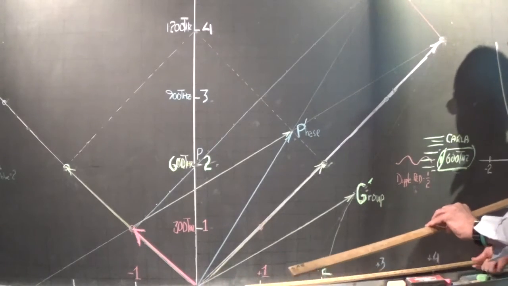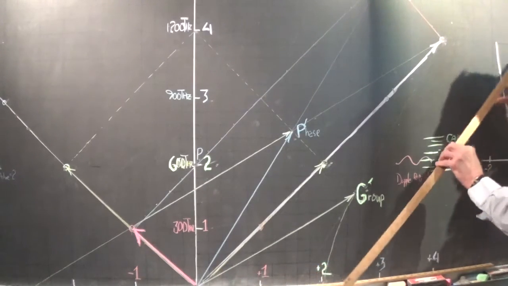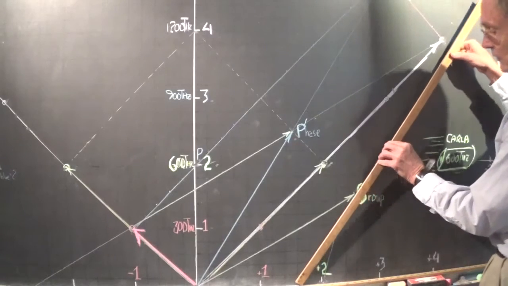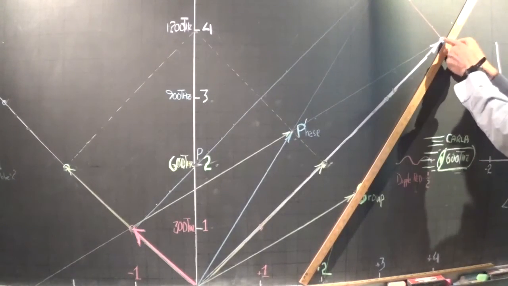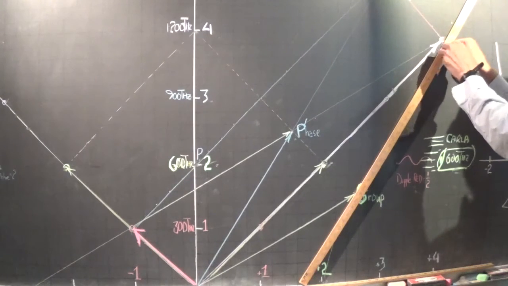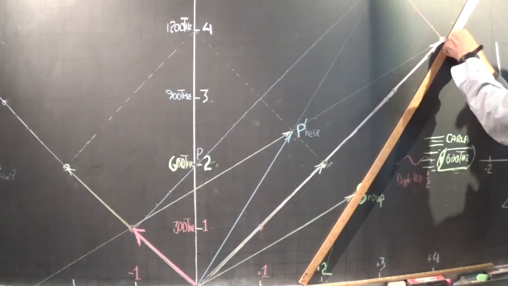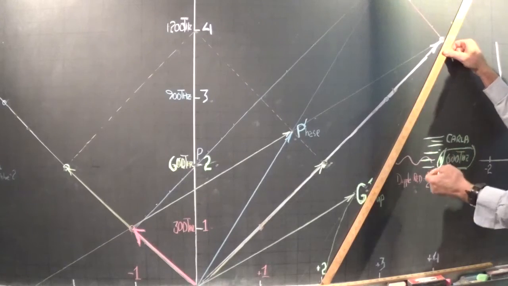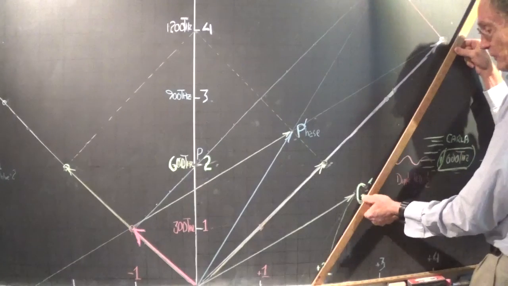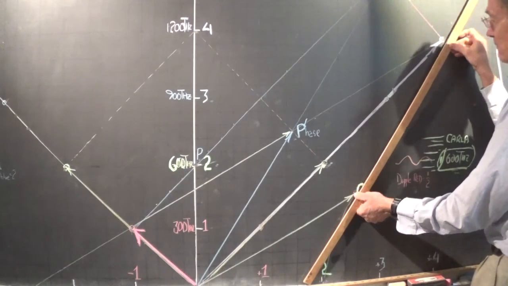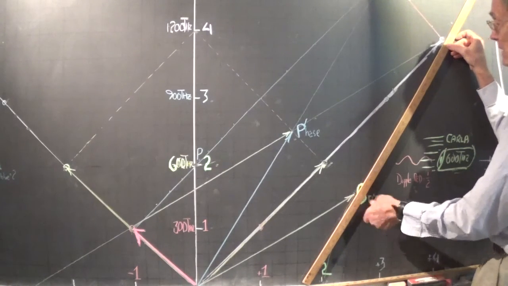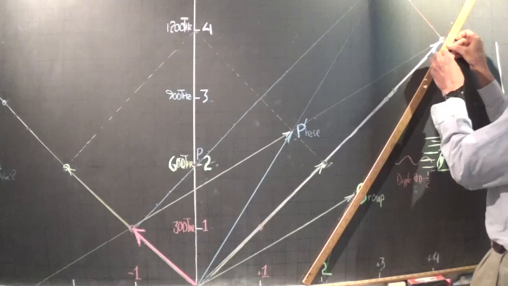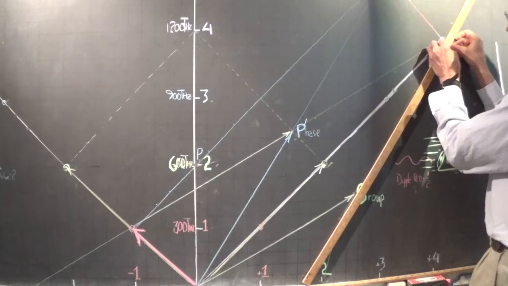I'll put up here a bigger ruler and just draw a line between the tip of the ultraviolet vector, the 1200 terahertz thing that Alice has made happen at Bob's location by coming at him with a 600 terahertz at 3/5 speed of light.